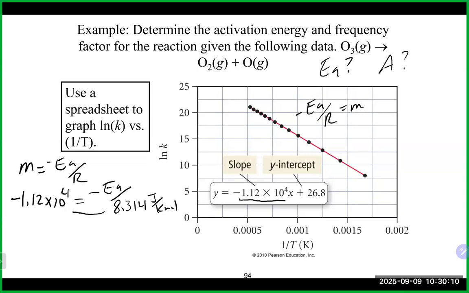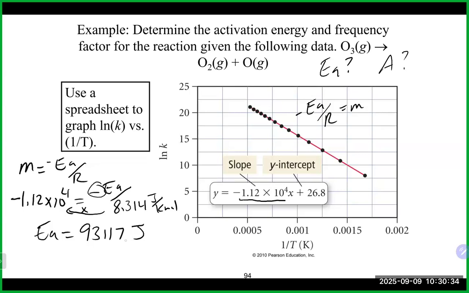So essentially, we're going to multiply this to the other side, also remembering to take the negative with it. That's going to get me 1.12 times 10 to the 4 times 8.314, which gets me an activation energy of 9311.7 joules.